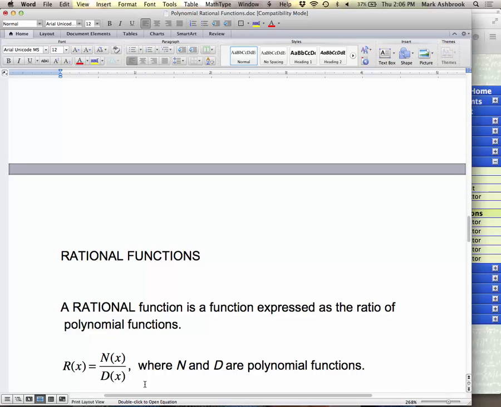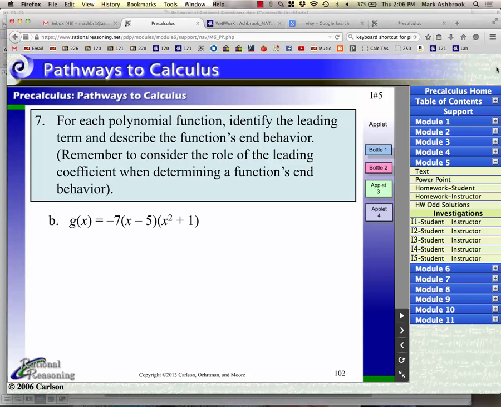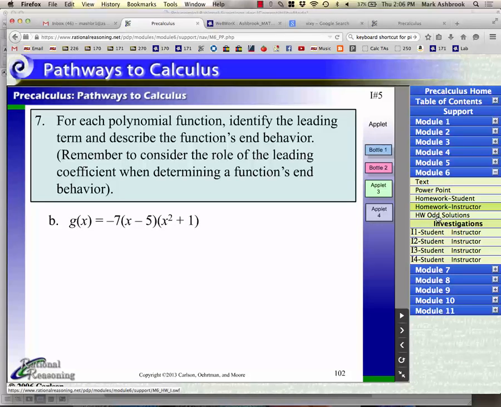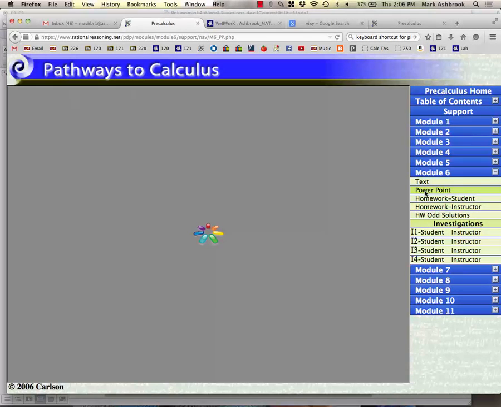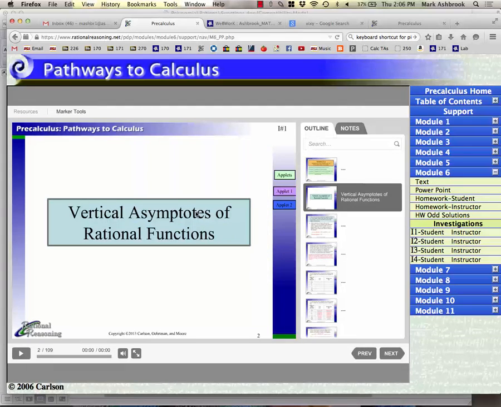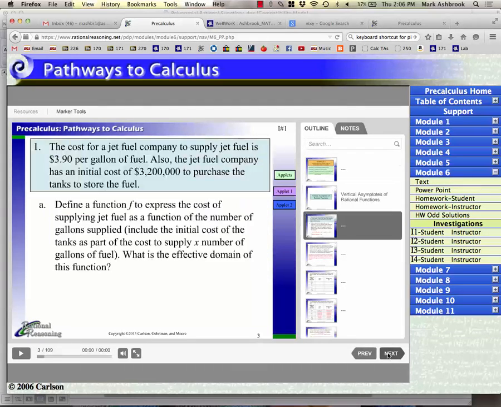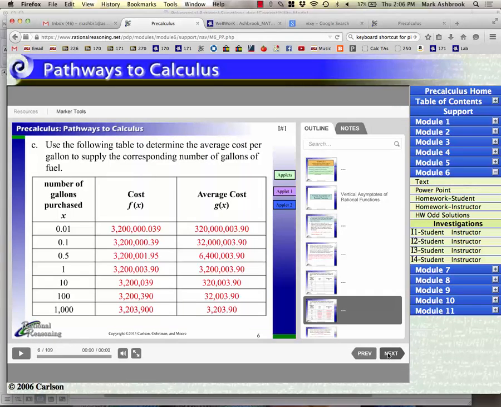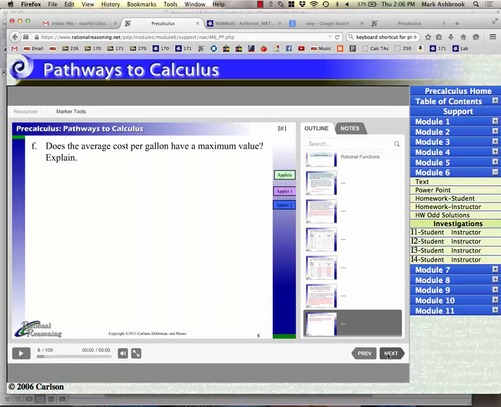Those rational graphs, they're crazy. So we'll just examine a little bit of this. In your book, if you go into Module 6, the first thing we're going to look at is investigation 1, example 2.